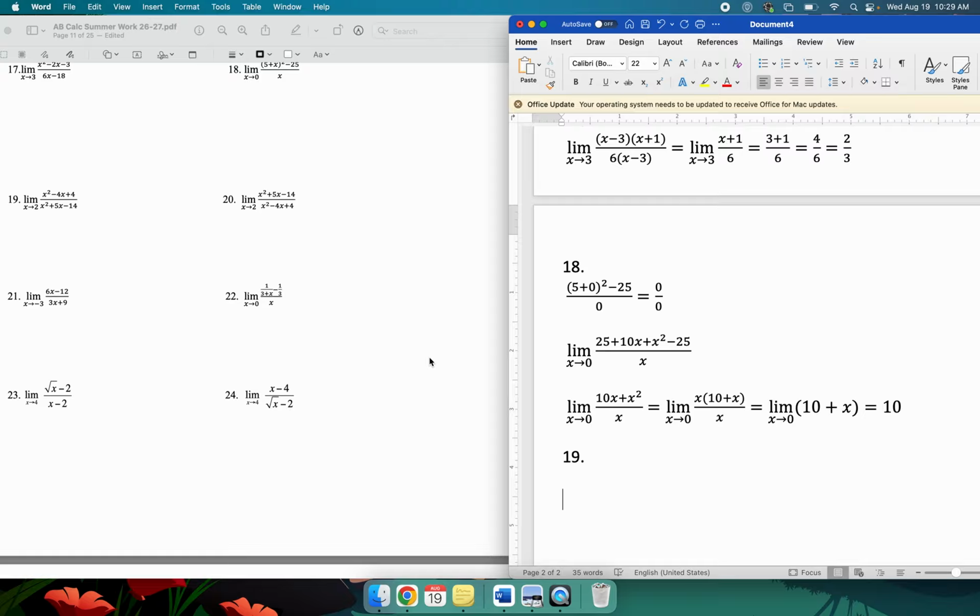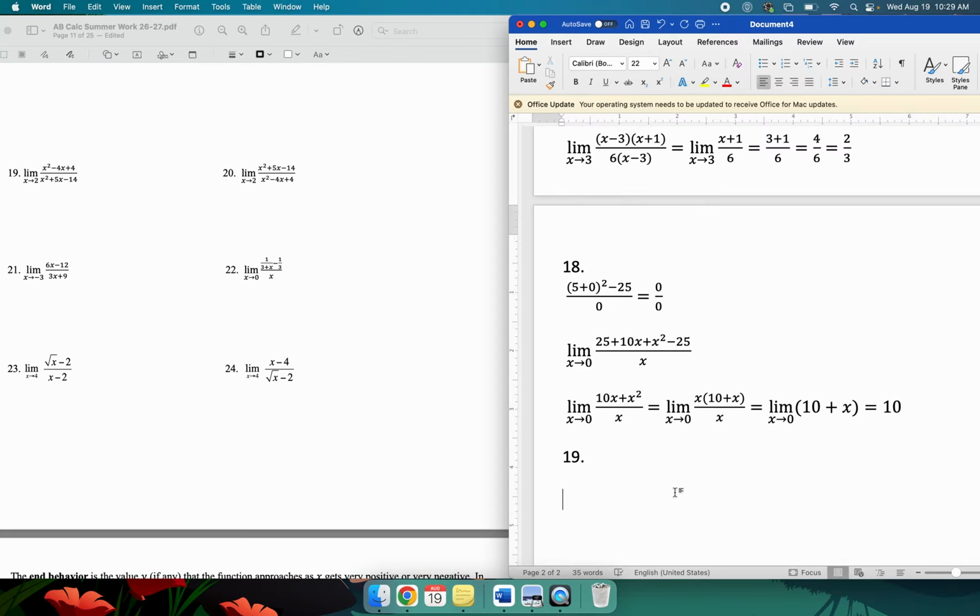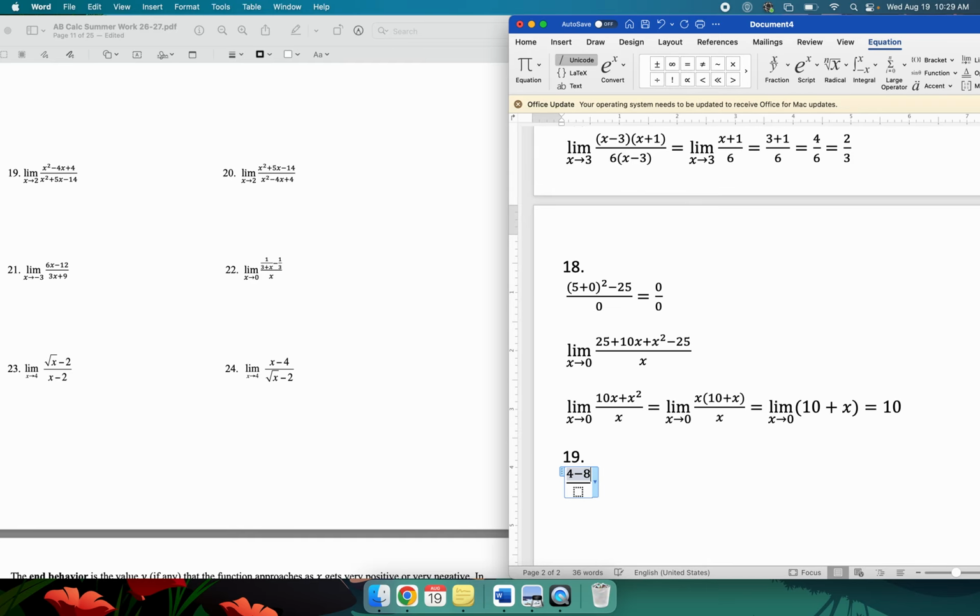19. If I plug in 2, do I get 0 over 0? Let me see, in the numerator I have 2 squared, which is 4, minus 4 times 2, which is 8, plus 4, that's 0 on top. And the bottom I get 2 squared, which is 4, plus 2 times 5, which is 10, minus 14. So I do get 0 over 0, which means I need to simplify.